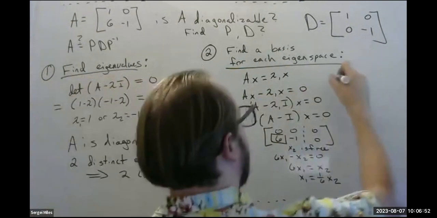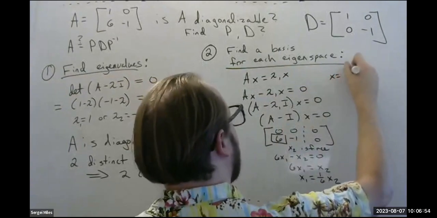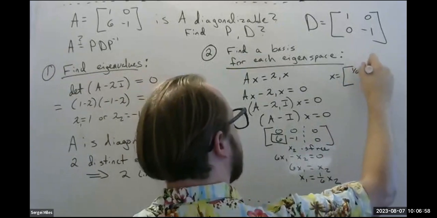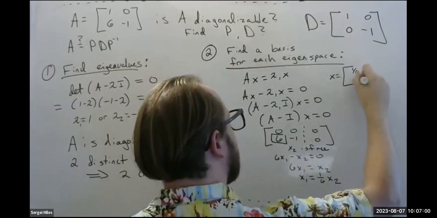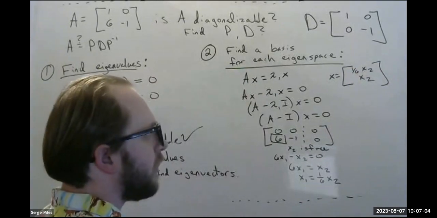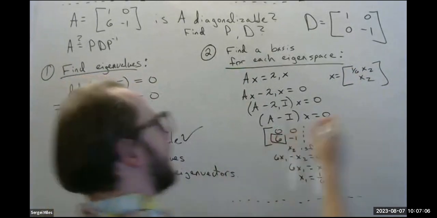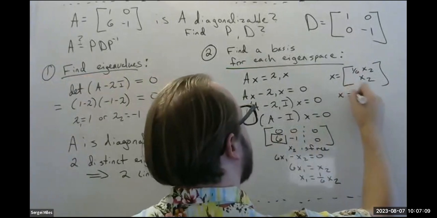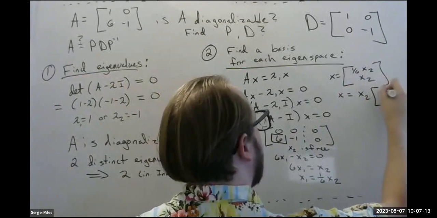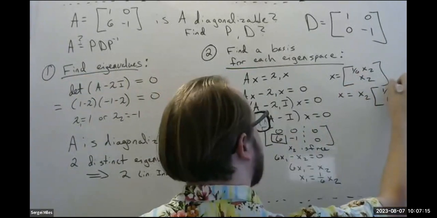So what is my vector x? Well, x1 equals 1/6 x2, and x2 equals x2 because it's free. But I can pull out the x2. So x equals any multiple of 1/6 and 1.